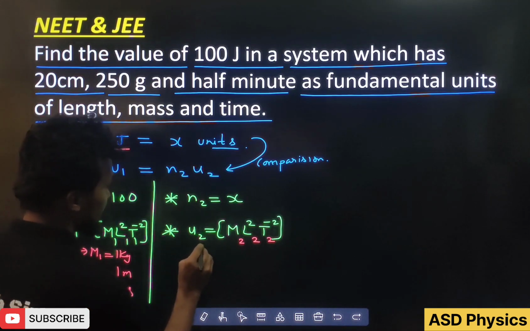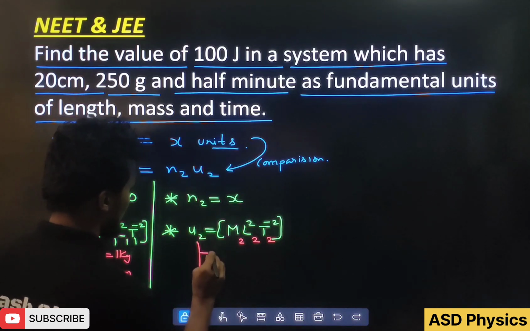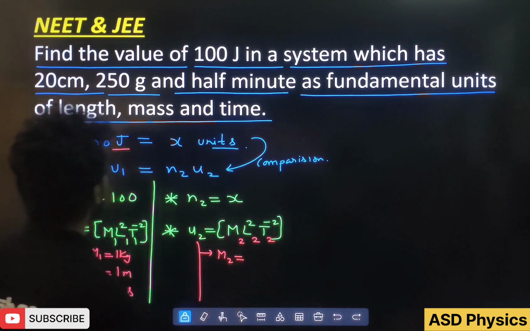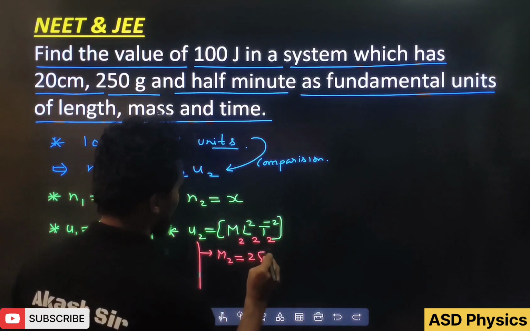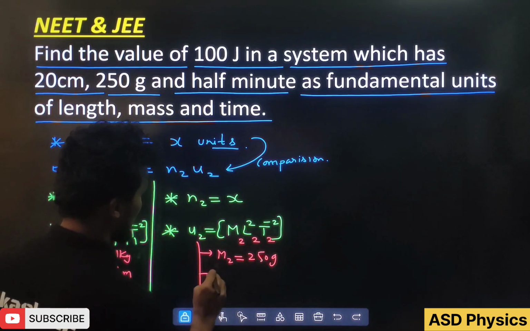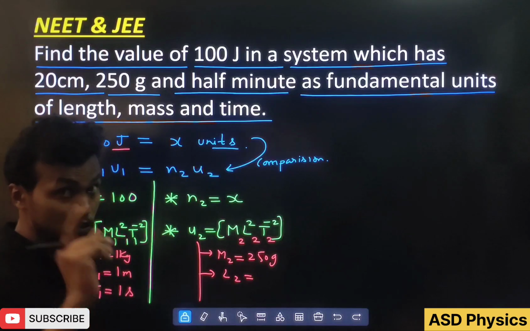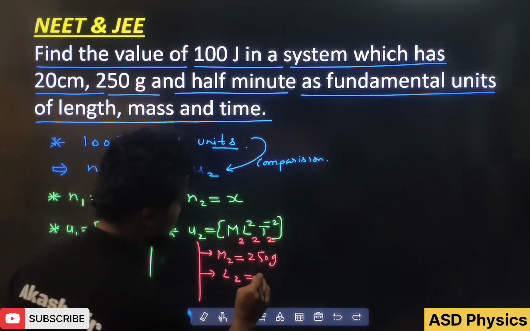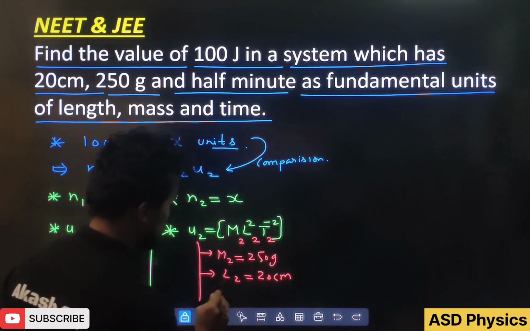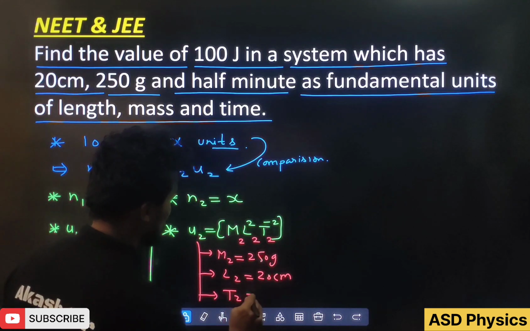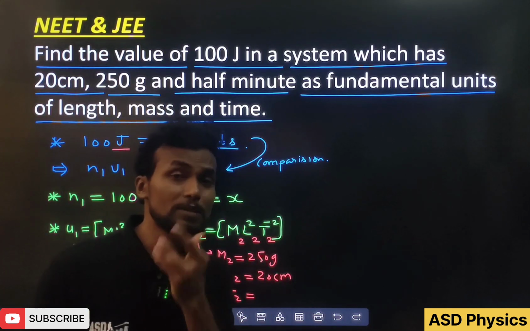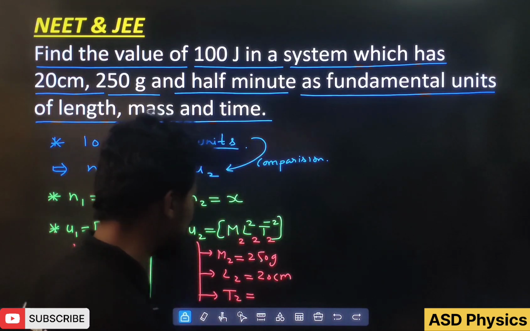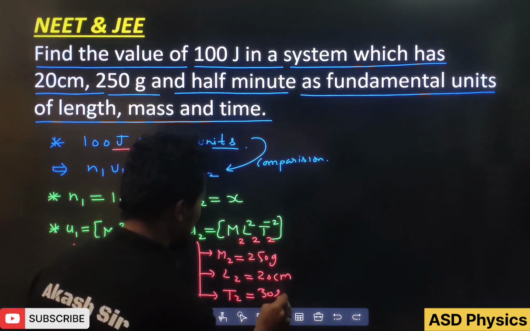Similarly on this side, M2 mass is given as 250 gram. Length in the new system of units is 20 centimeter. And time is given as half minute. You know, students, 1 minute is 60 seconds, so half minute is 30 seconds.